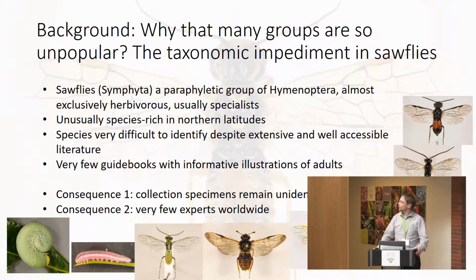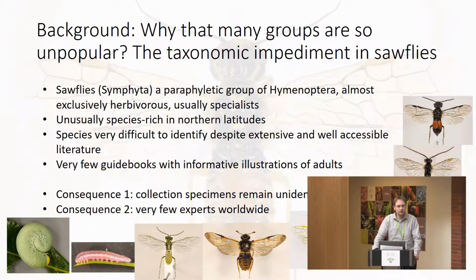Okay, a few words about the sawflies. They are hymenopterans. They are actually a paraphyletic set of basal lineages of hymenopterans. All the other hymenopterans, the aculeatan wasps, come from within the sawflies, so they are phylogenetically nested in the sawflies.